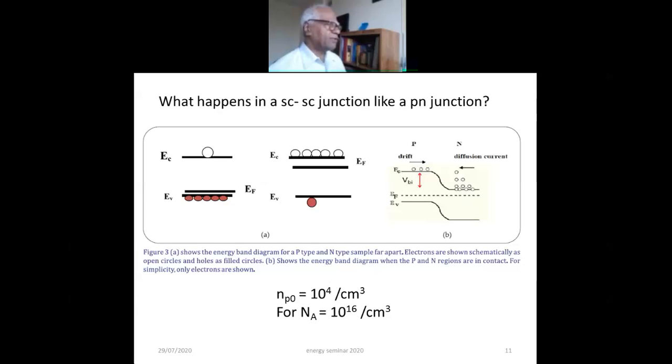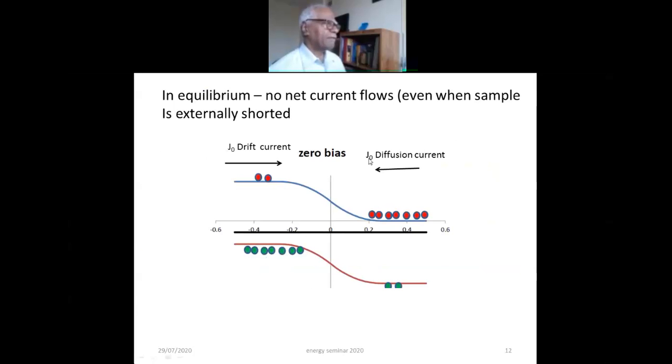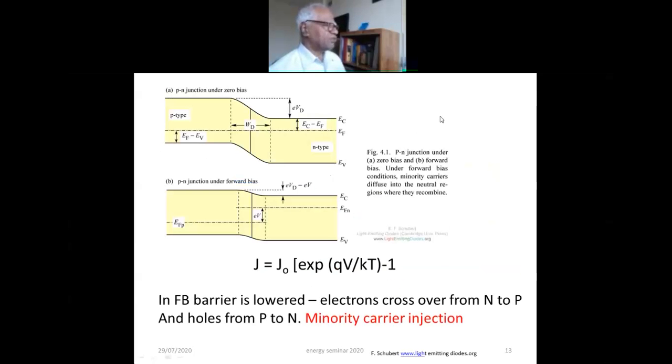Now let us see what happens when I... So here again, this is at zero bias. This is what we had, and now let me put a positive bias on the P. If I put a positive bias on the P, electrostatically the whole P is pulled down by the amount of bias.